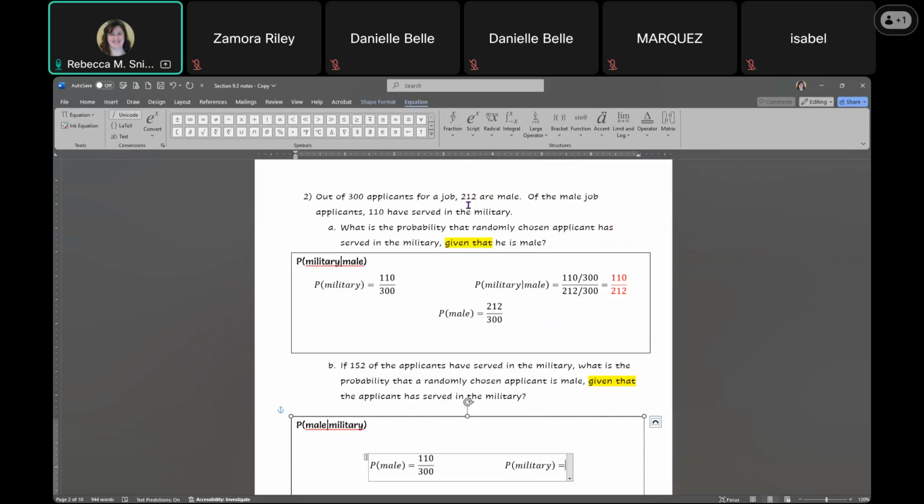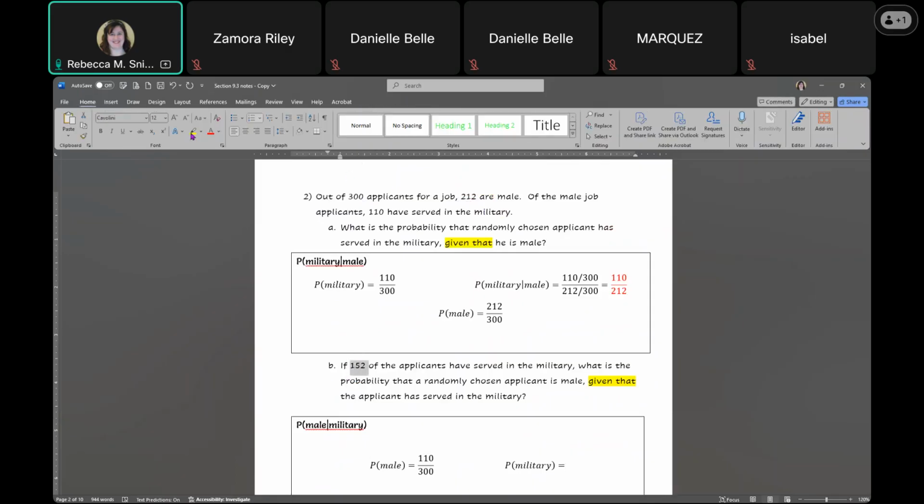So the only other piece of information we have is this number here, that 152. And this 152 are strictly applicants that served, which means this is going to encompass everybody, both male and female service members. So since military is my condition, now we have that this is 152 over my 300.